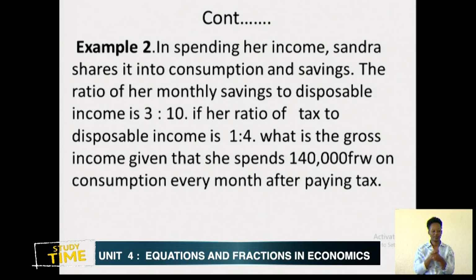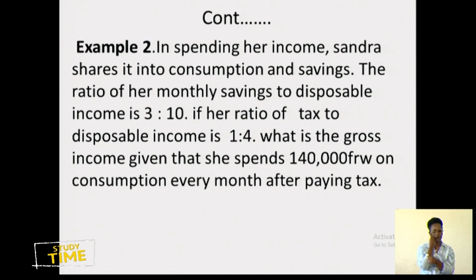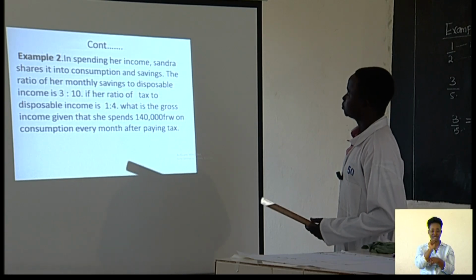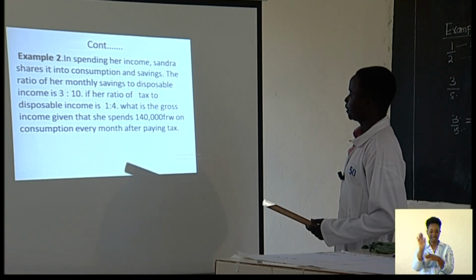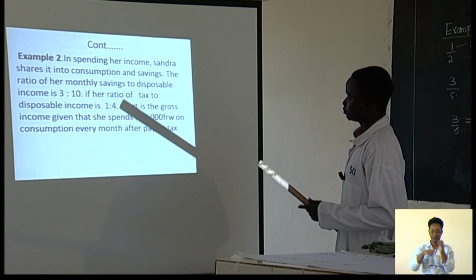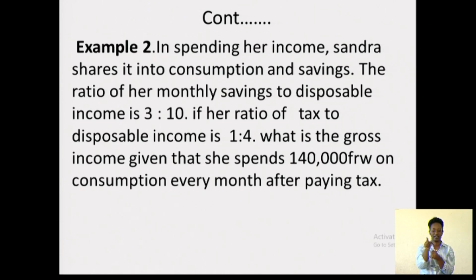I want you to read it very well and understand it. In spending her income, Sandra shares it into consumption and savings. Are we together? I want us to read together and you try to understand it. You know consumption, you know savings.